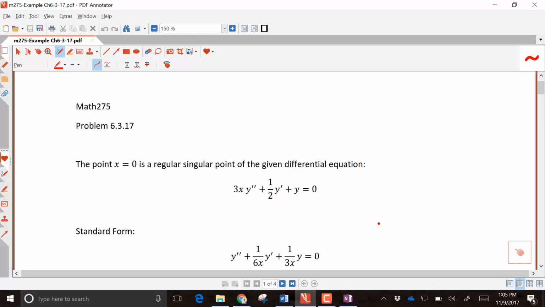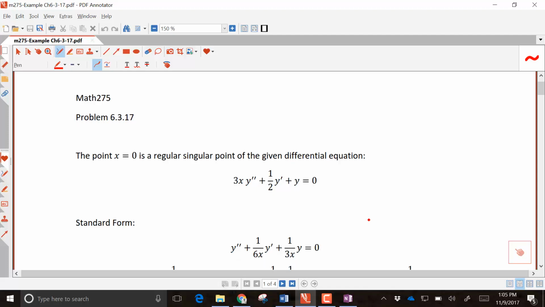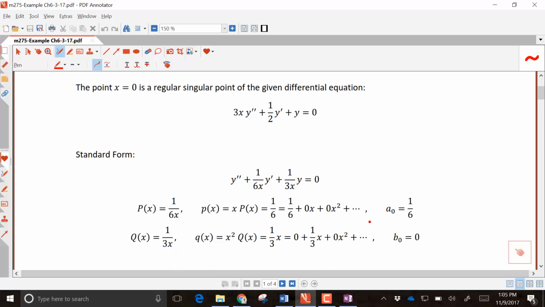Here's our differential equation: 3y double prime plus 1/2 y prime plus y is equal to 0. If we write this in standard form, we get the coefficient of y double prime to equal 1. Then we've defined your capital P and your capital Q functions.